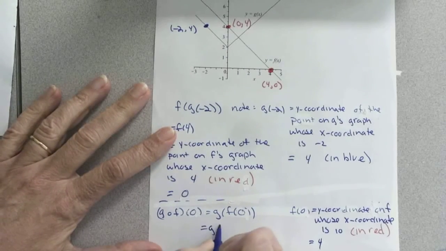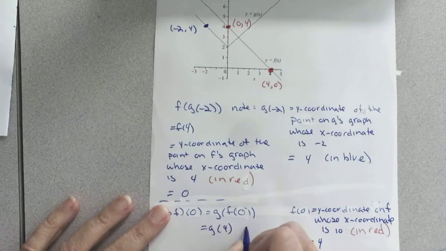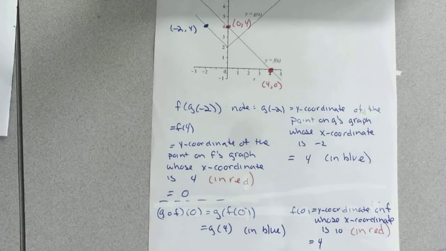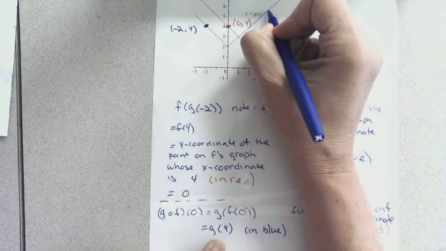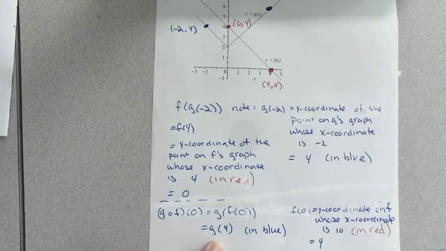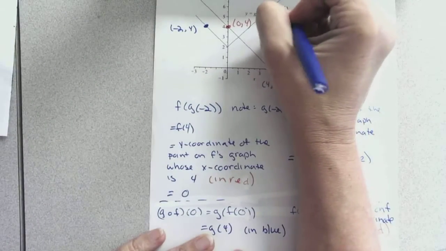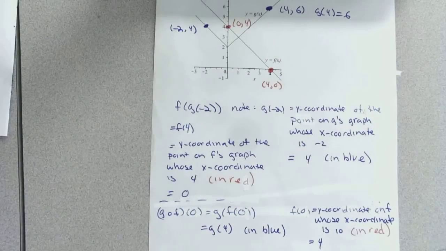And so this becomes g of 4 in blue. Now go to the graph of g. This is the x-coordinate. X's go in, y's come out. So go to 4, which looks like it's right about there. That's 4, 6. So g of 4 equals 6.